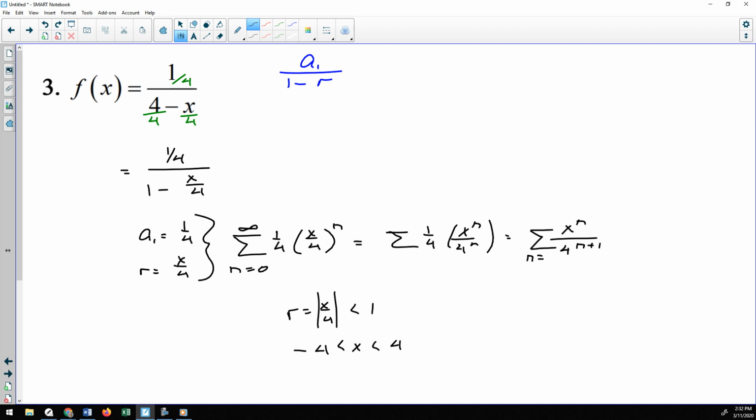And depending on the question and what all is asked, or what you may have to do to the series, it may be beneficial to have it written in this format versus your traditional geometric series format. But all of these are acceptable series representations for this function.